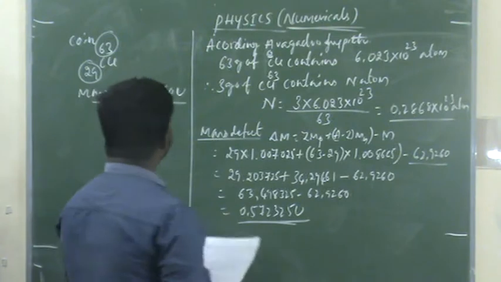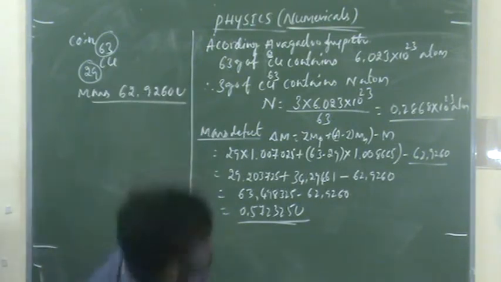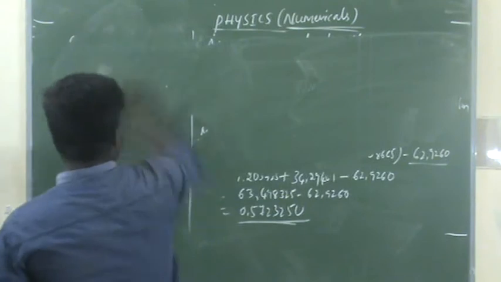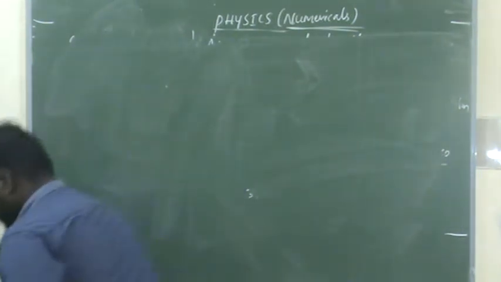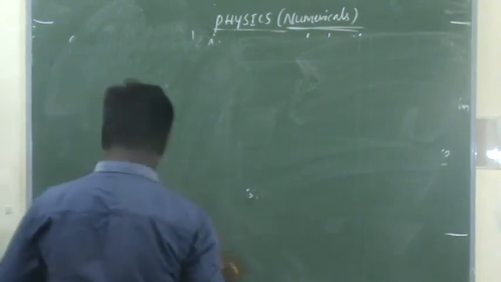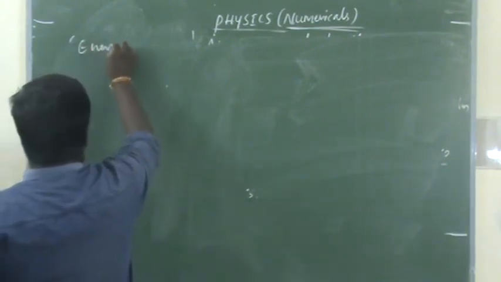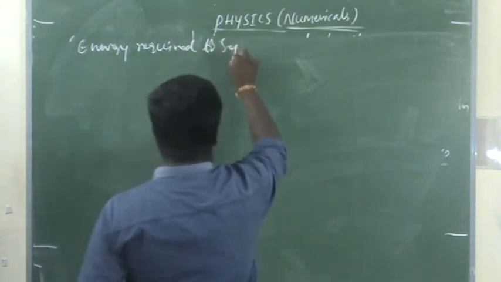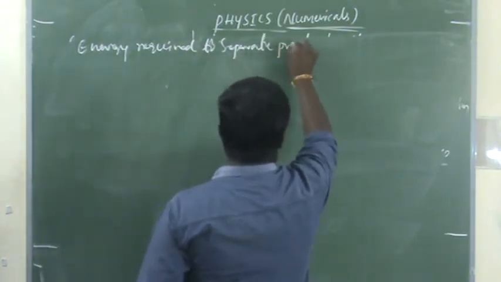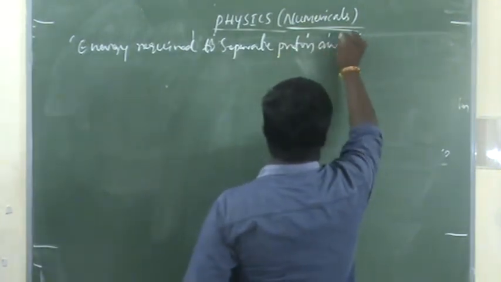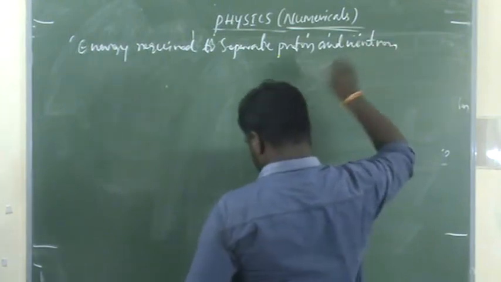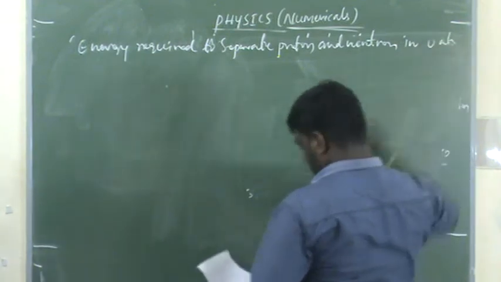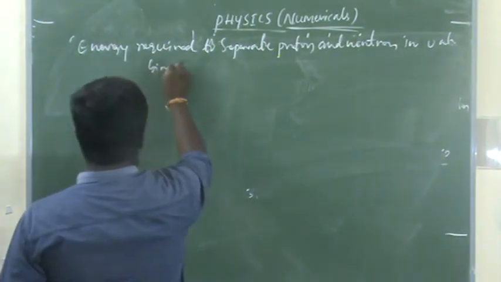Next, the energy required to separate protons and neutrons in a single atom is the binding energy.